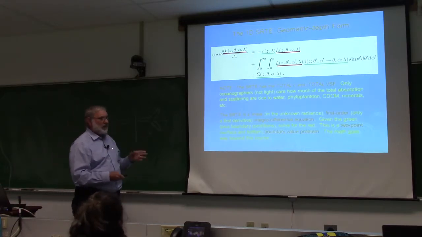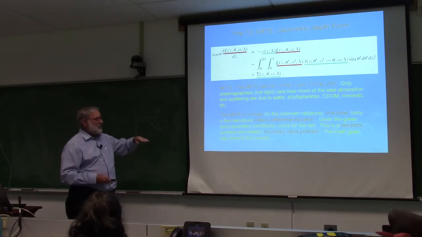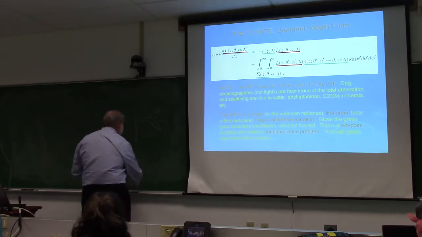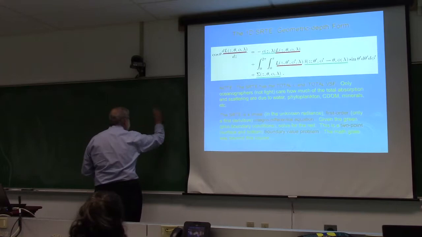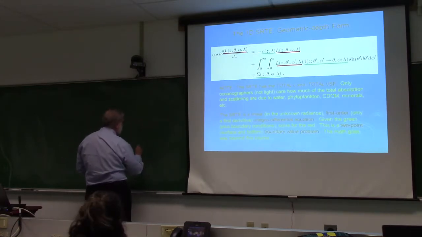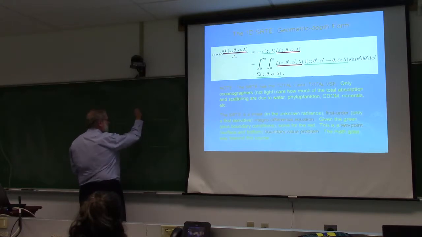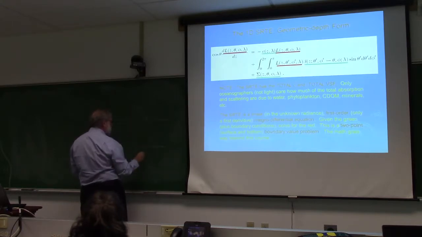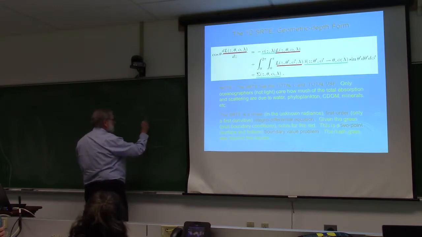And that solution is what's called a 2-point boundary value problem. In other words, you've got the ocean here and let's say the bottom down here. You're putting in radiance up here, let's say from the sky, so what you start with has to equal the sky radiance.